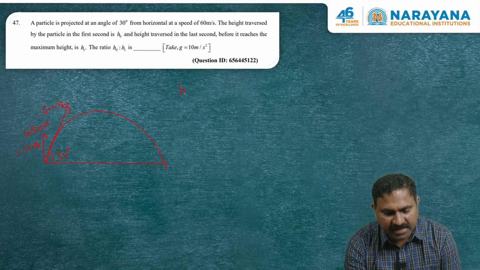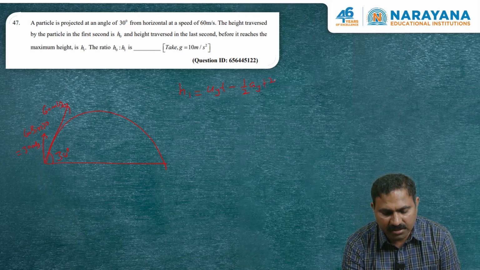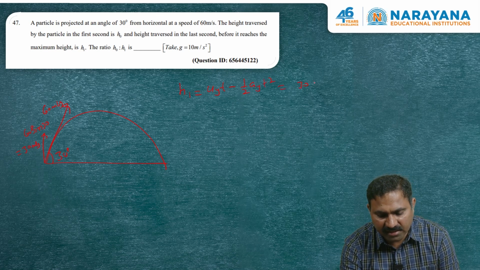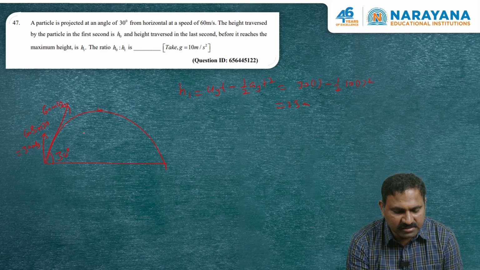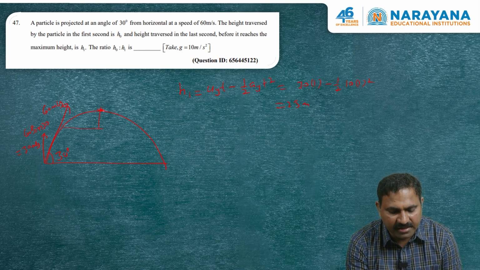Displacement in the first second is h0. Usually we can use uyt minus half ayt square form here. This is 30 into 1 second minus half 10 into 1 second square. This is 25 meters. The last 1 second is the same as the first second while it is projected horizontally from the highest point.